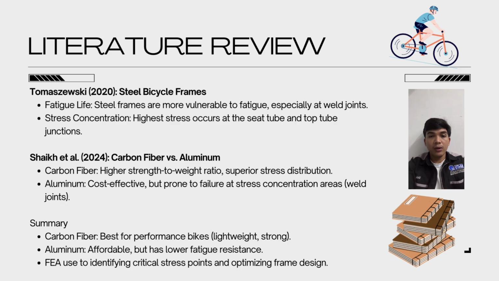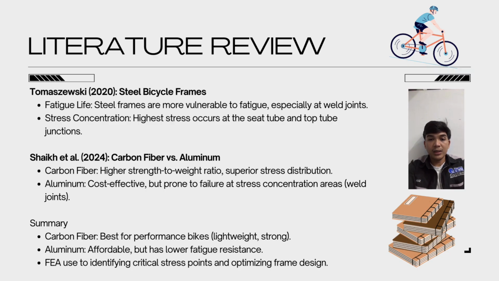Research, for example by Thomas Key in 2020, found that steel bicycle frames are quite strong but can suffer from fatigue failure, especially at the welded joints where the stress concentrates the most. This usually develops after peak loading cycles. Another study by Sheikh in 2024 compared carbon fiber and aluminium.